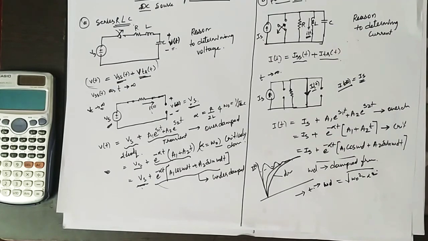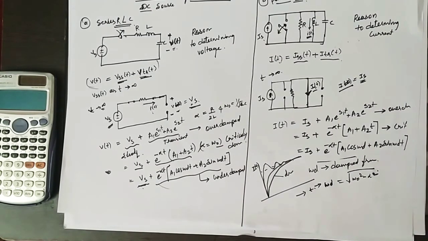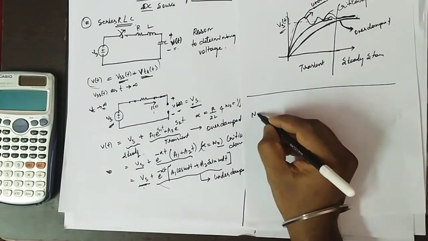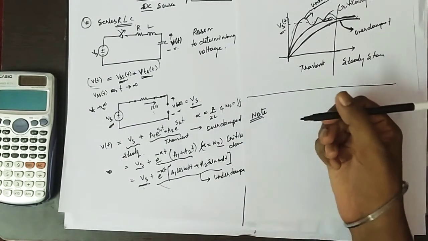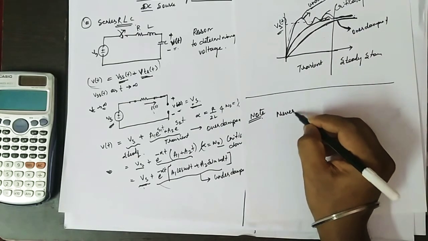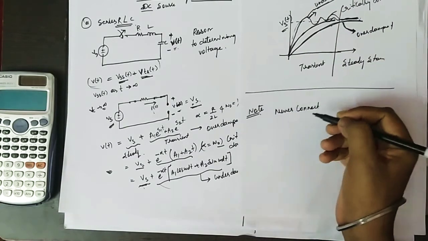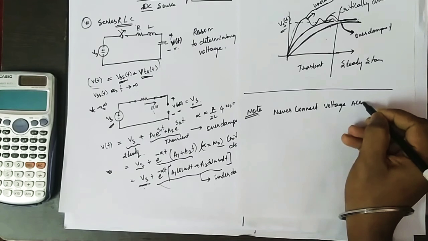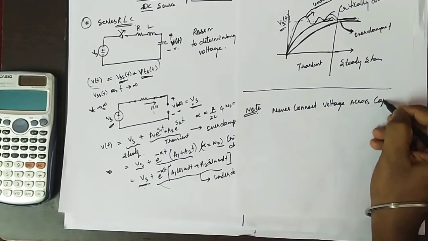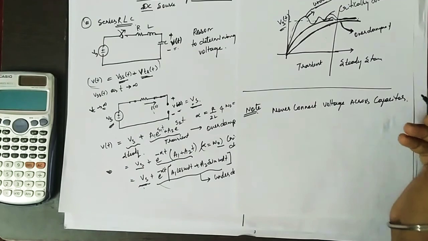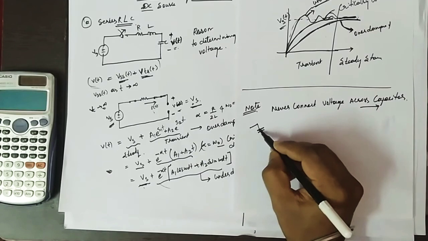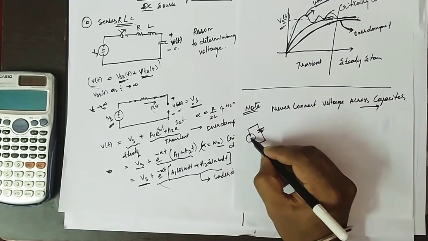Now a few notations I want to explain. Keep a note: never connect a voltage source across an ideal capacitor.